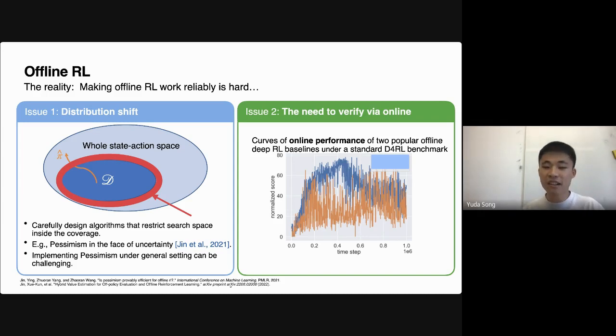But if you only look at your offline objective, the curve may already converge very nicely. So in order to get the best policy or to do hyperparameter tuning, I think so far the best strategy is still just roll out your policy online.